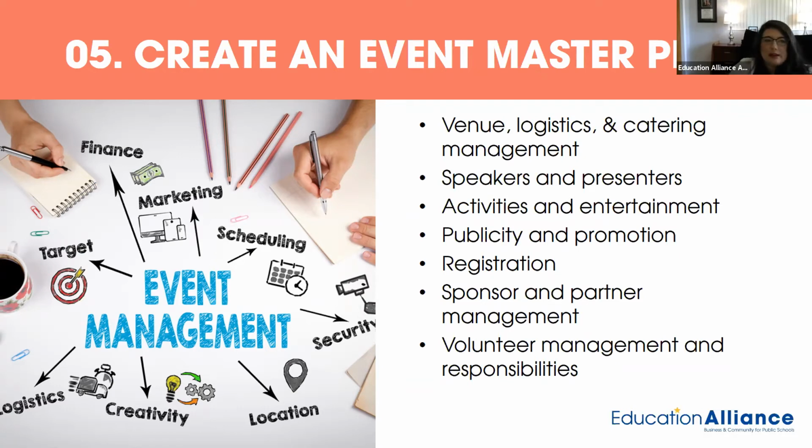Speakers and presenters. You're going to want to identify those persons, confirm them, discuss logistics and management of how that works. Activities and entertainment. What do you need to have in place to do those things? Publicity and promotion. Think both online and offline.